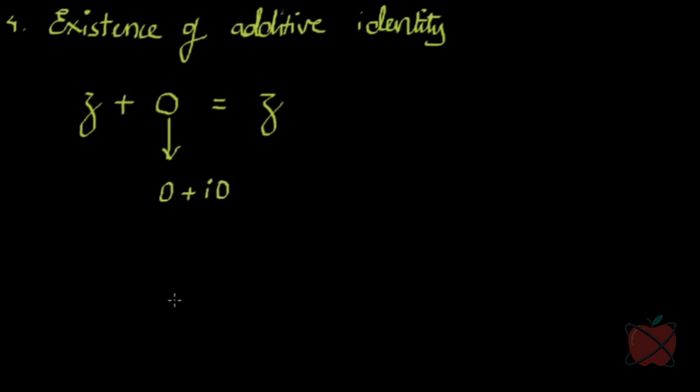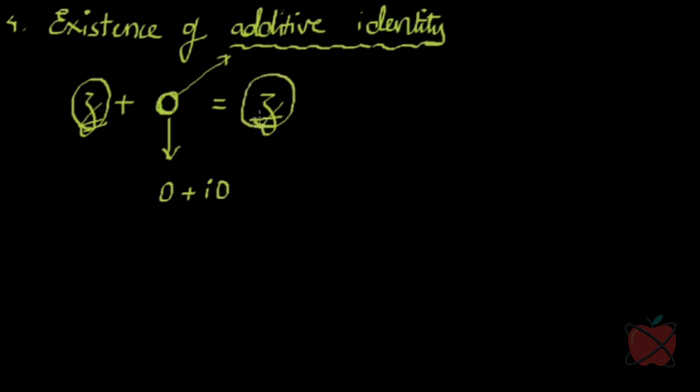So it is a complex number. So if there exists such a number, which when I add with a complex number, I will get back the same complex number, then this particular number will be known as the additive identity. Alright? So please remember, an additive identity is a number which when added to my complex number, I should get back the same complex number.